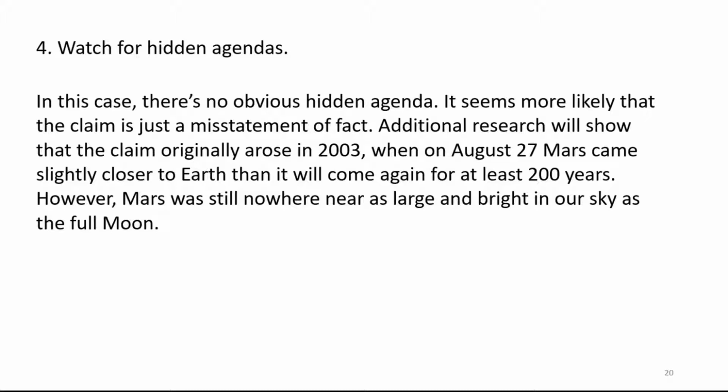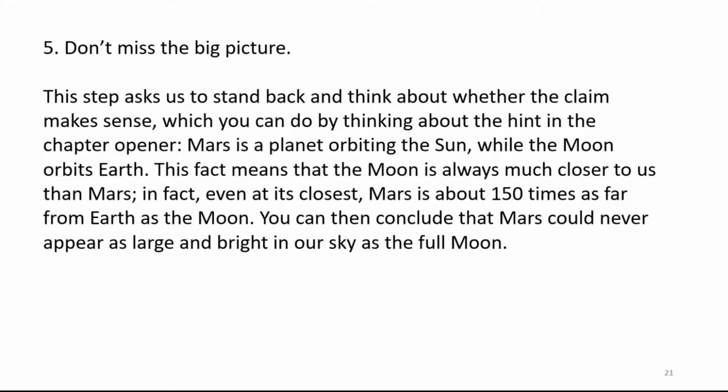Additional research will show that the claim originally arose in 2003 when, on August 27th, Mars came slightly closer to Earth than it will come again for at least 200 years. However, Mars was still nowhere near as large and bright in our sky as the full moon. 5. Don't miss the big picture. This step asks us to stand back and think about whether the claim makes sense, which you can do by thinking about the hint in the chapter opener.